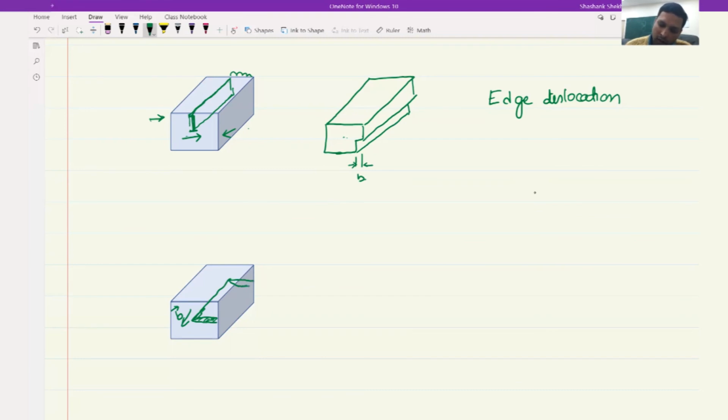Now in this case you will be applying stresses like this, and when you apply stresses like this, this line dislocation would keep moving in this direction, and with that this edge would keep on increasing, and eventually what you would have is a structure like this.